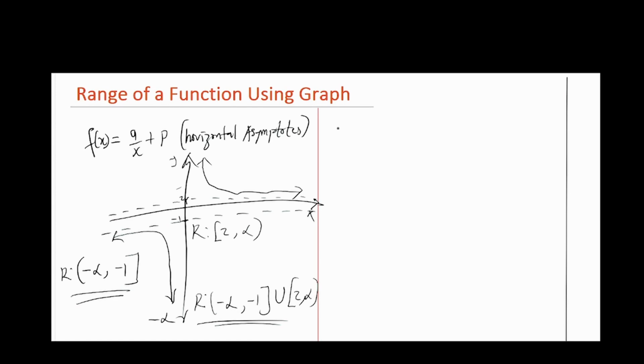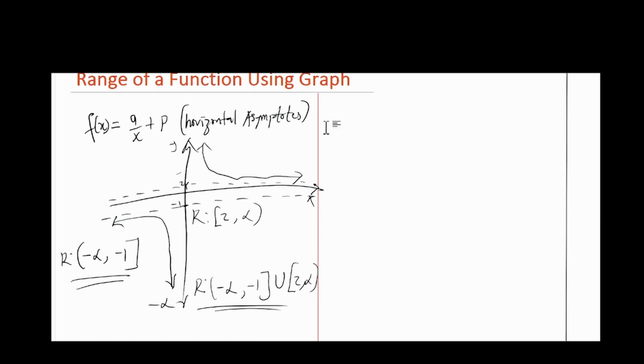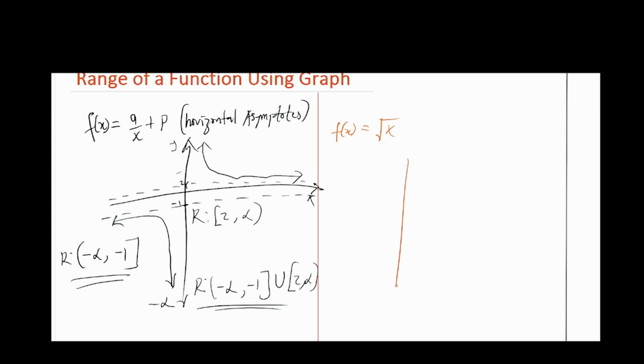Let's take another example, which is a radical function. If f(x) is equal to root x, find the range. Now, the curve of a radical function is usually of this form.